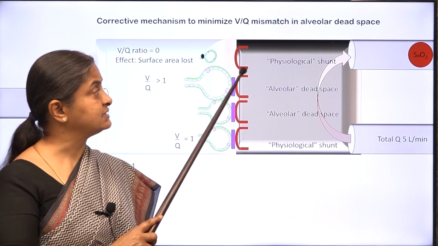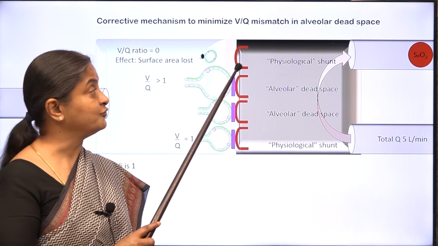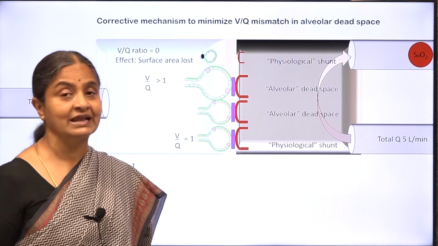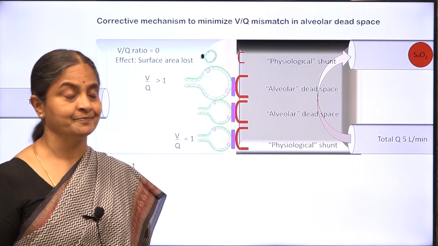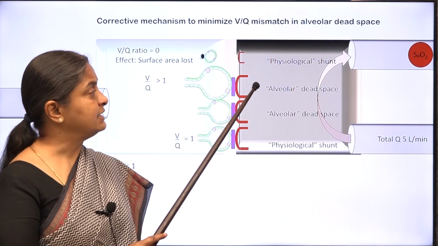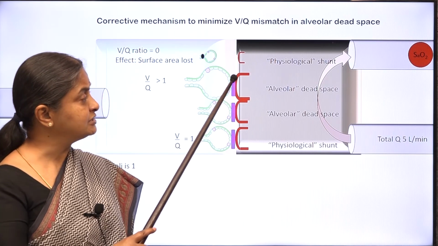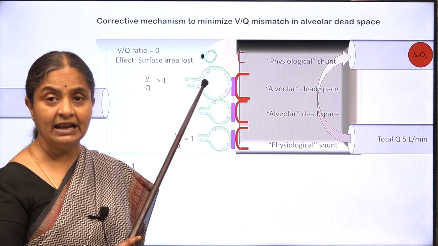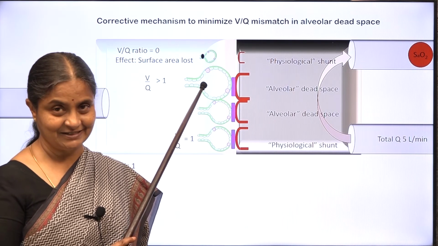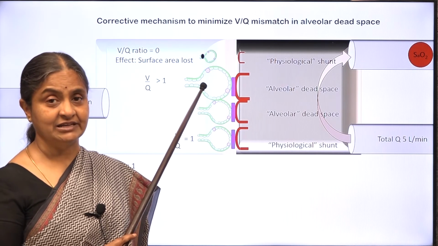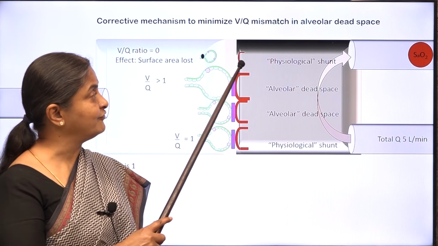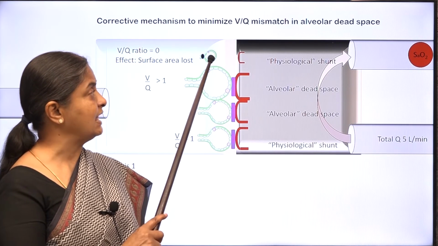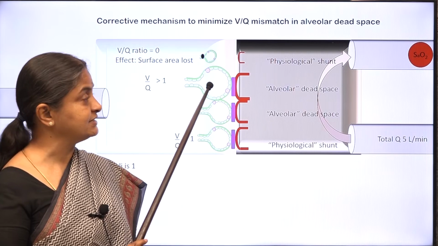Hypoxia in this capillary will lead to vasoconstriction of that capillary, a phenomenon called hypoxic vasoconstriction. That happens in an attempt to divert blood to other alveoli which may be better ventilated. So, this is a corrective mechanism which aims to divert blood flow from ill-ventilated alveoli to better ventilated alveoli.